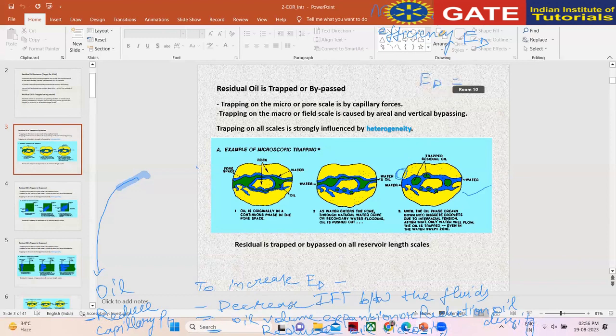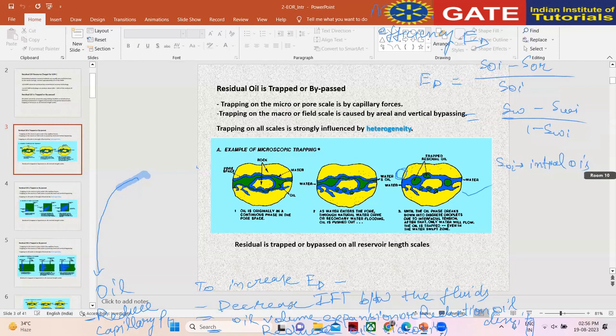And mathematically, you calculate the displacement efficiency using this formula. SOI is your initial oil saturation. SOR is your residual oil saturation.